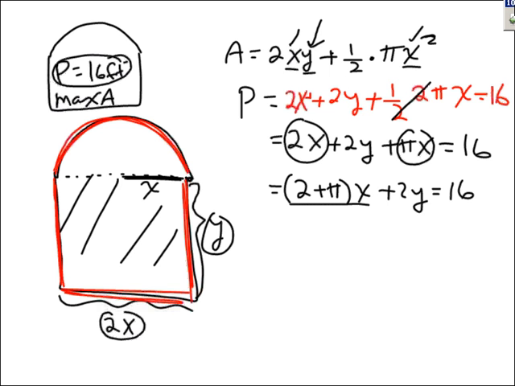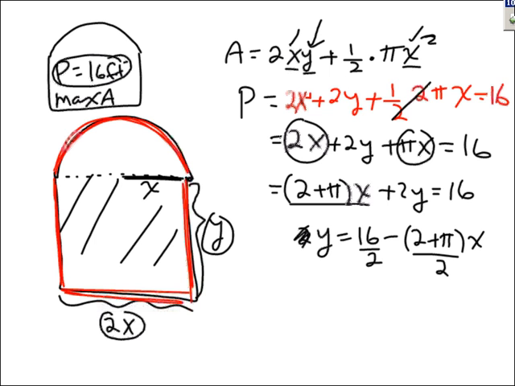Let me bring this to the other side. So I get 2y is 16 minus 2 plus pi x. Divide by 2. Left side will just be y.